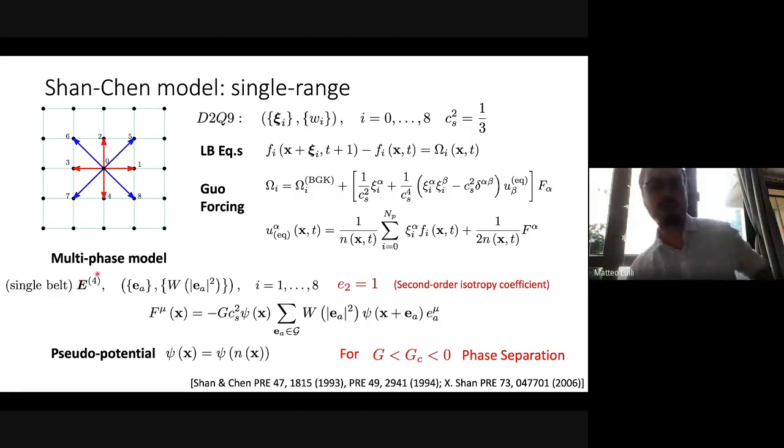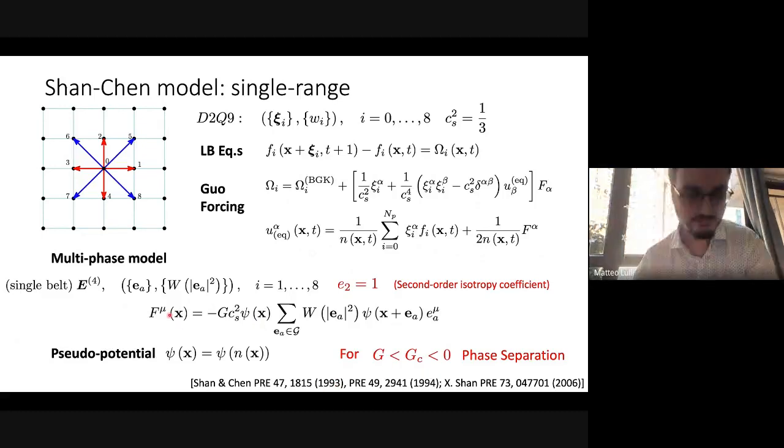The multi-phase Shan-Chen model, which has been first introduced in 1993, 1994, basically couples neighboring points in the grid along these forcing vectors, e_a, together with a set of weights that depend only on the square norm of the vector.